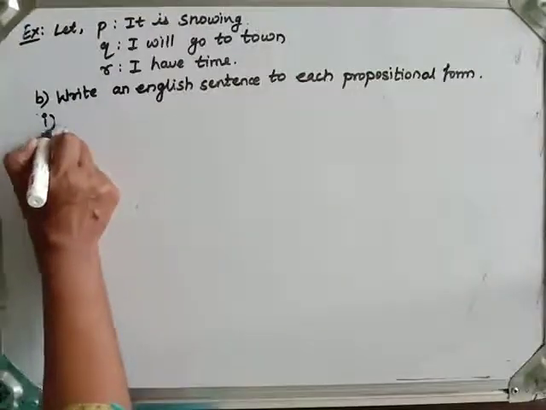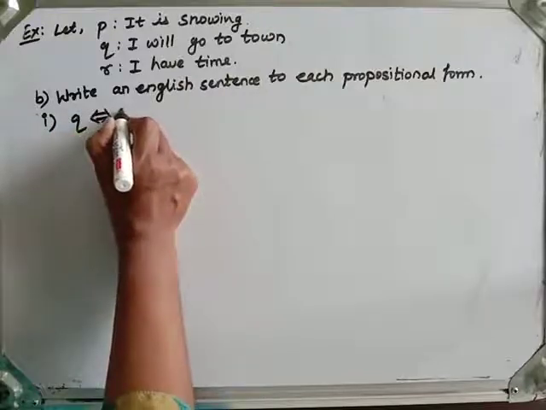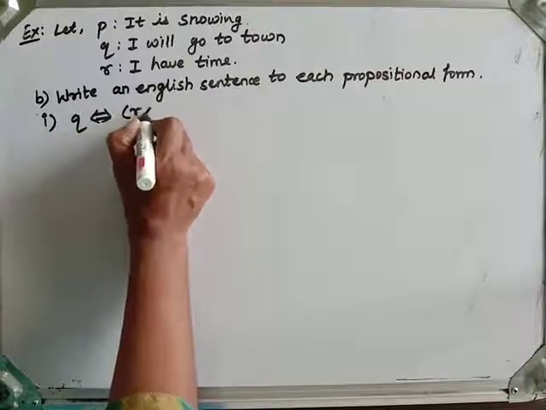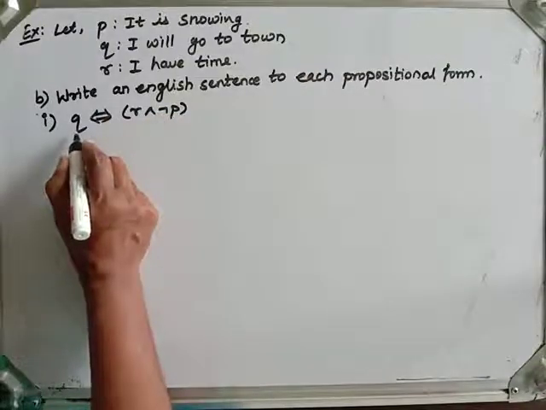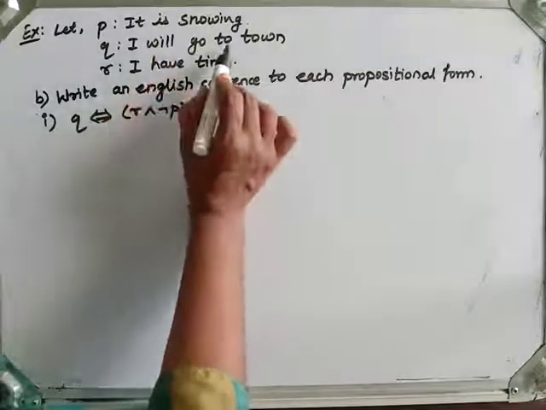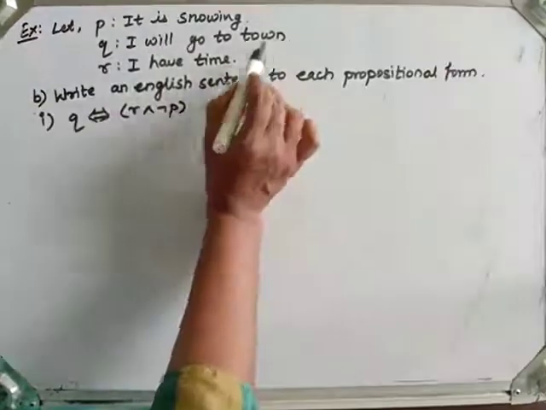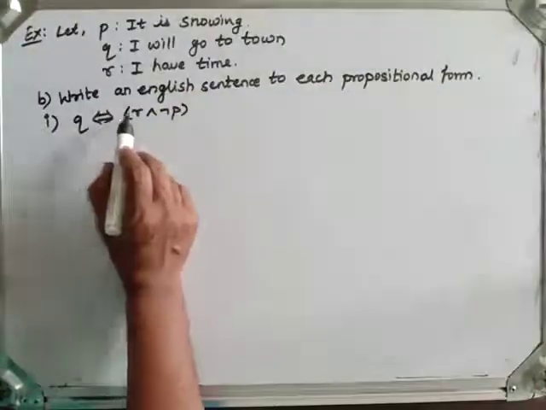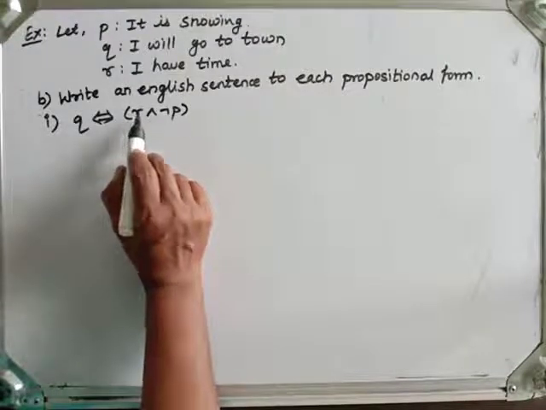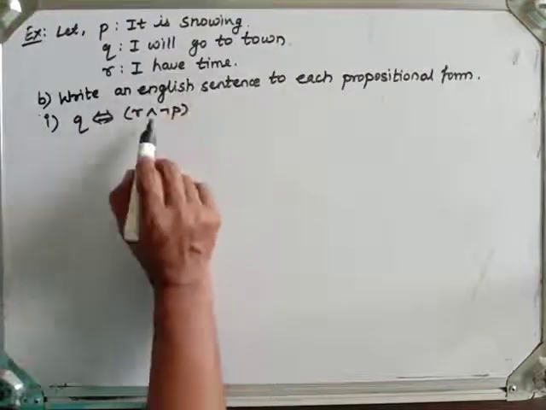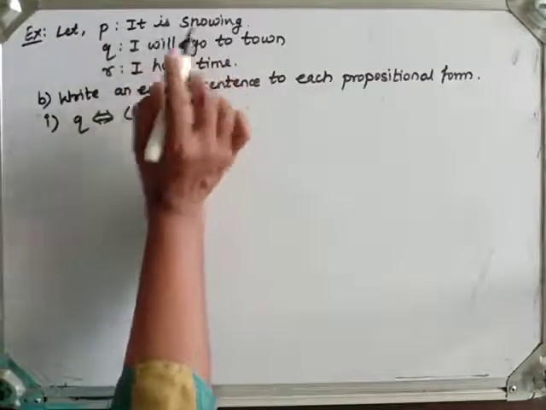So the first one: suppose Q if and only if R and negation P. Now Q means I will go to town. So I will go to town if and only if, what is here? R and not P. R means I have time and not P means it is not snowing.